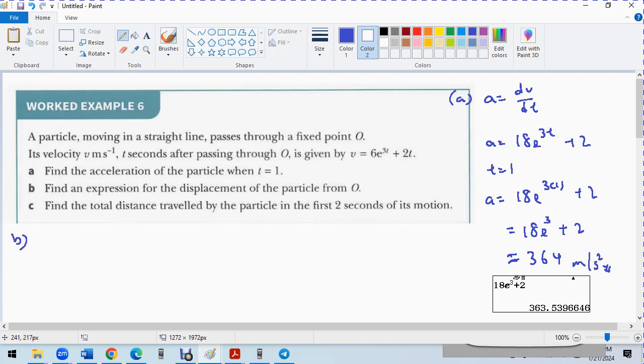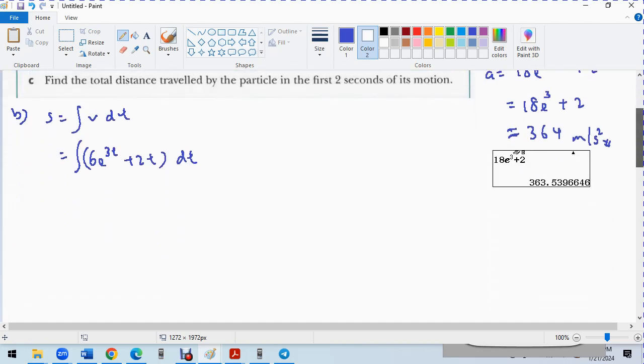B, find the expression for the displacement of the particle from O. So passes through fixed point O, that means when time equals 0, the s equals 0. So we have the s is the integral of v dt. So we have the integral of 6e^(3t) plus 2t dt. Then this one will become 2e^(3t), 6 divided by 3 is 2, t squared divided by 2 times 2, that is t squared, plus c.